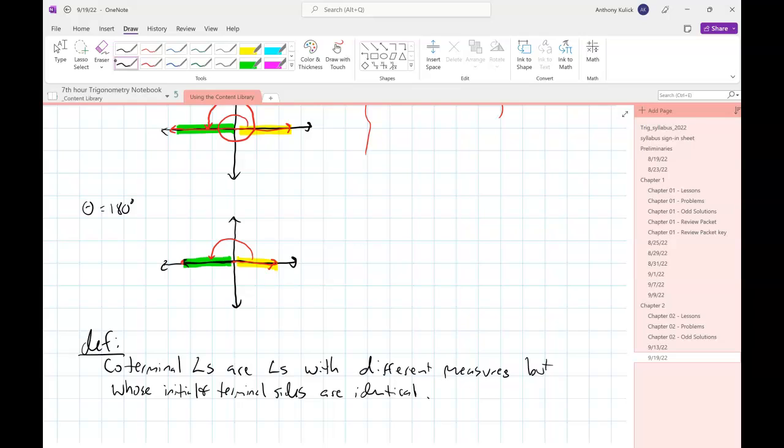So we say that two angles are coterminal if they have different measures, but their initial and terminal sides are in identical locations. That if you stripped off the rotation marks that I've drawn on there, the two would look identical.